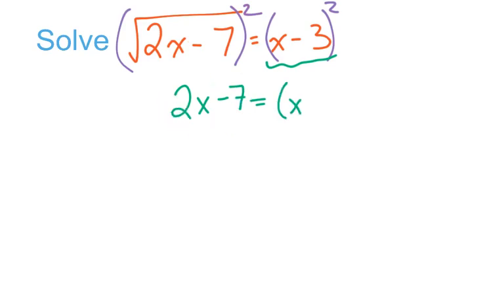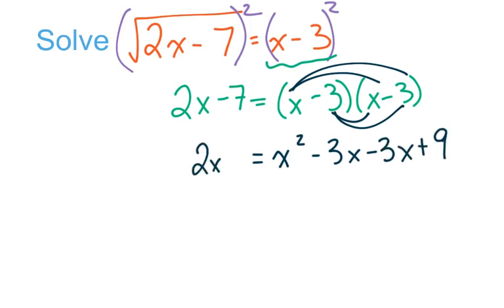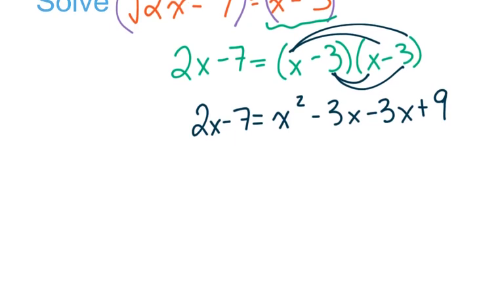Now x minus 3 squared on the right is really x minus 3 times x minus 3. So we're going to have to FOIL that whole thing out. If we do that process, we get x squared minus 3x minus 3x plus 9. If you can do that in fewer steps, be my guest. So now we want to combine like terms, probably move all of this stuff over here.